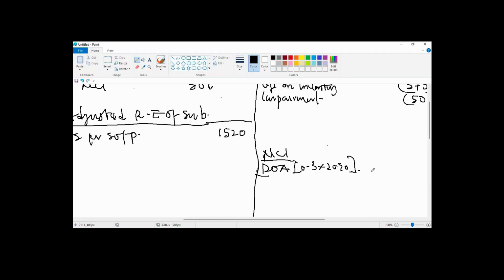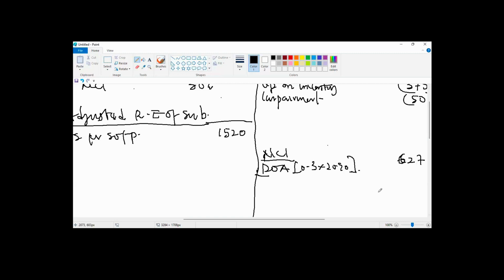Share the net assets, share proportionate based on the group structure. 0.3 times 2090. What is the answer? 627.